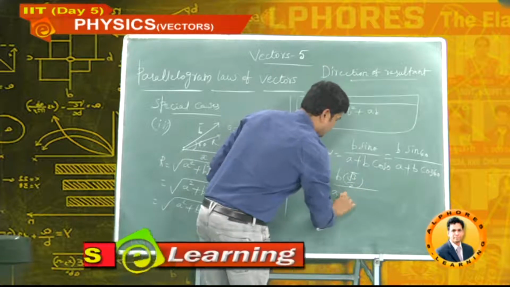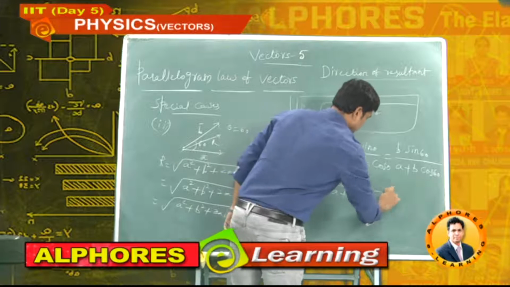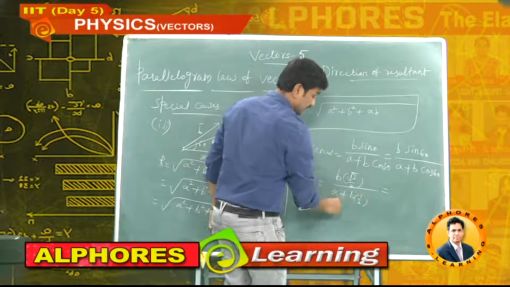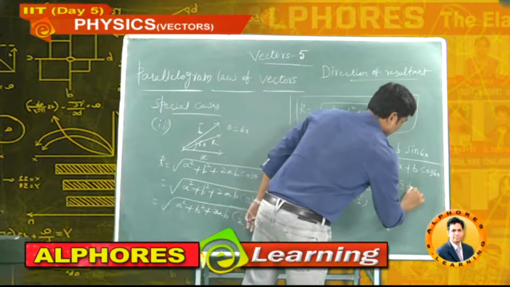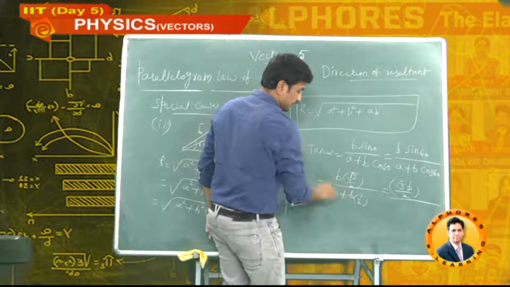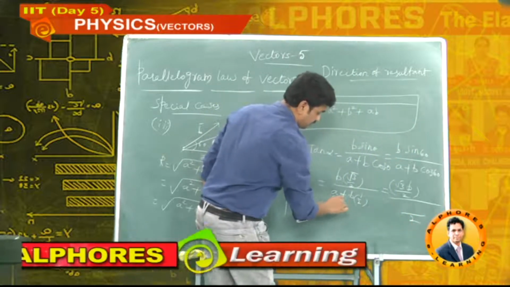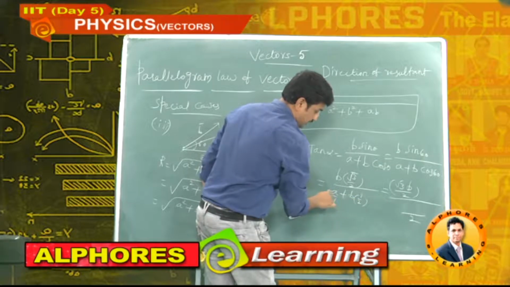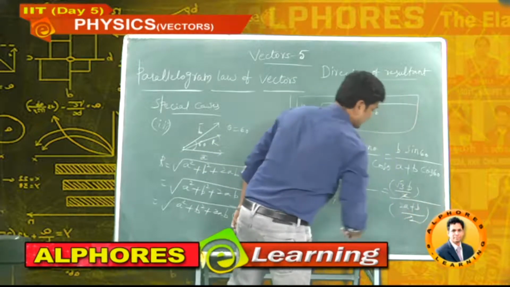A plus B into cos 60, value 1 by 2. Here make an LCM: root 3B by 2 in the numerator. Now the denominator 2 LCM is having 1, so here 2A plus B. So 2 cancels.